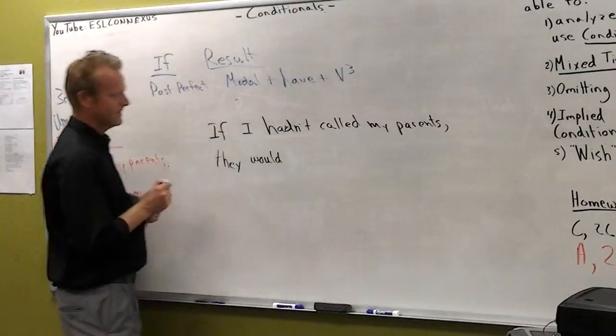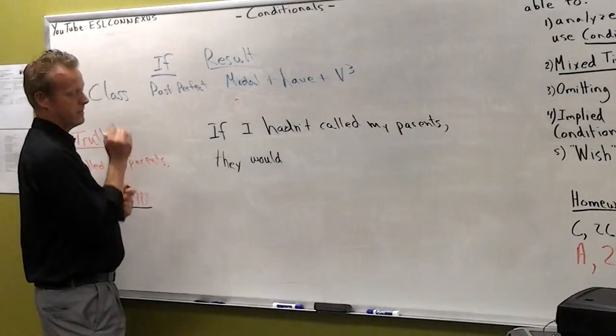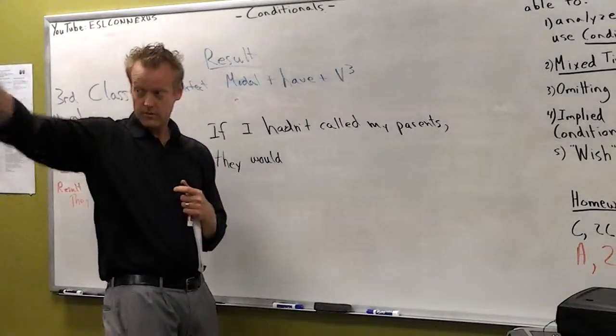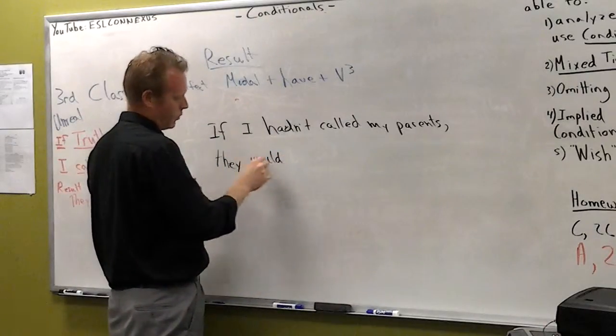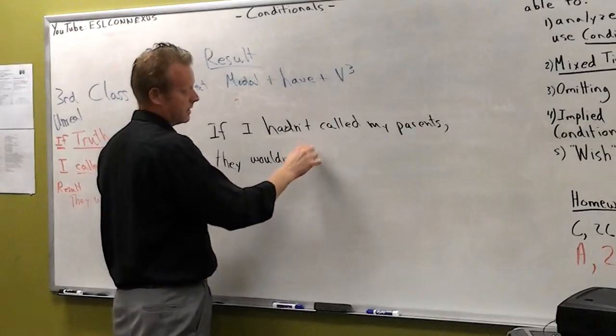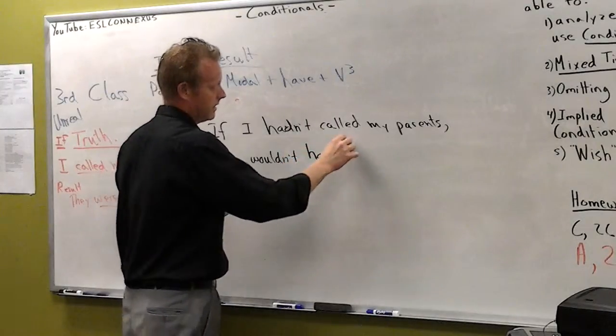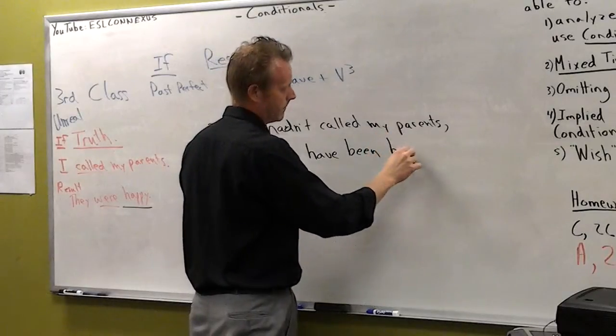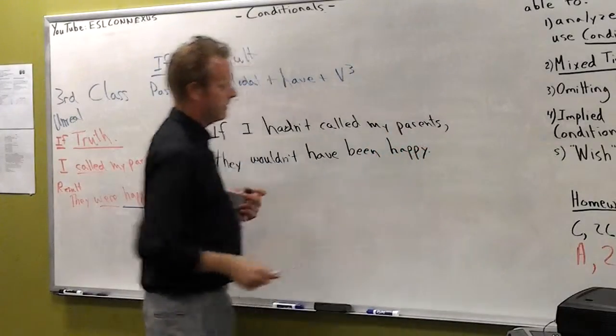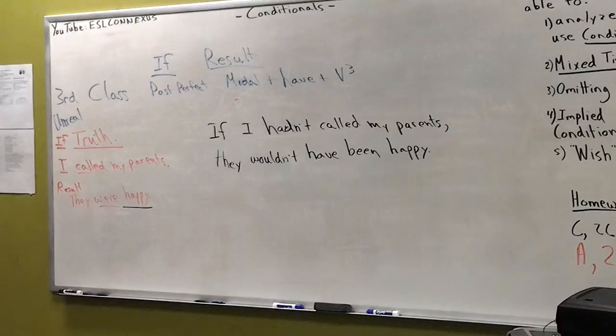We need would have been. Let's do it the normal way. They wouldn't have been happy because they got happy. Let's keep it normal. I made a mistake, actually. You made it a mixed time.